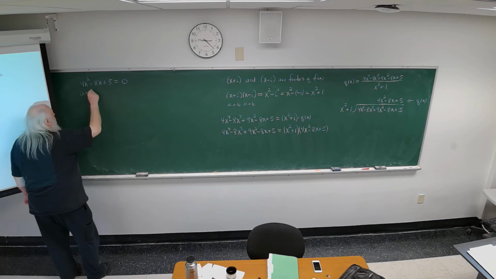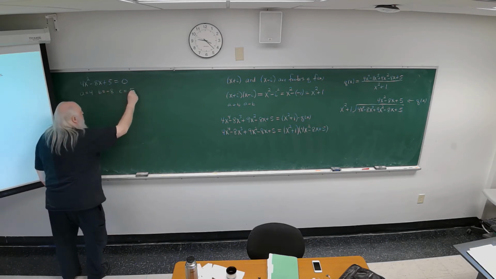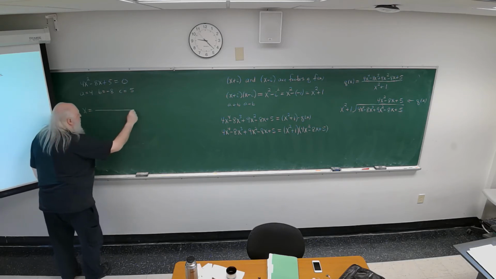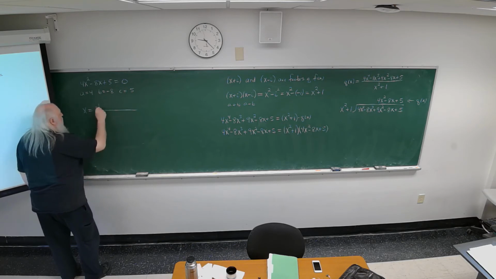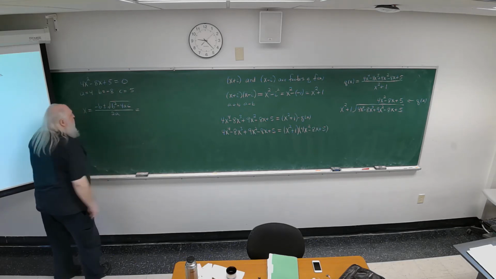So a is equal to 4, b is equal to negative 8, c is equal to 5. To find the last two zeros, we use the quadratic formula: x is equal to negative b plus or minus the square root of b squared minus 4ac, over 2a.